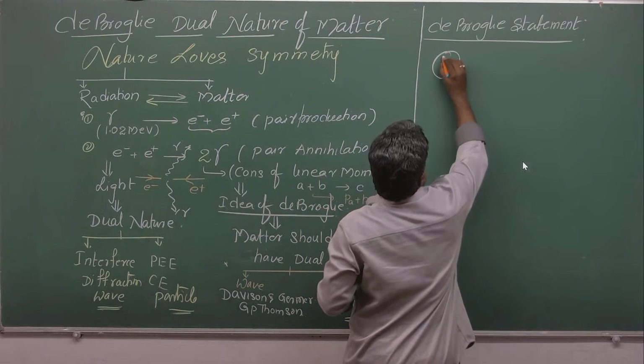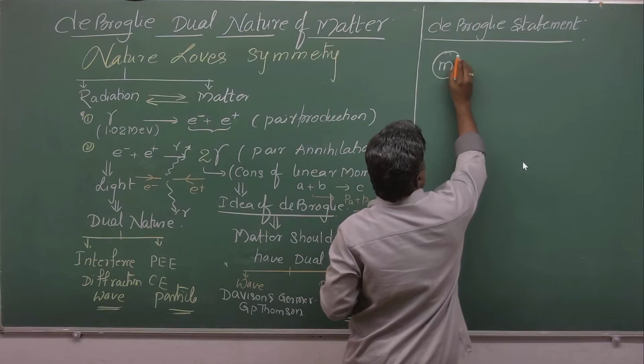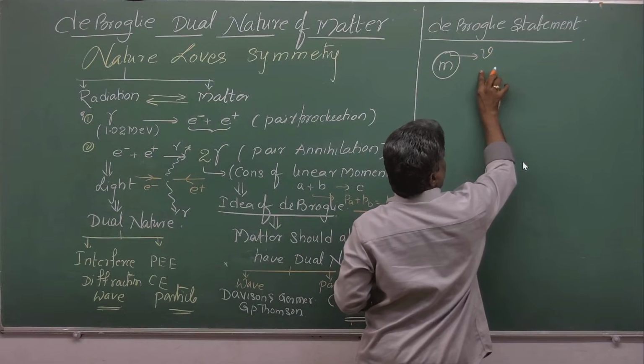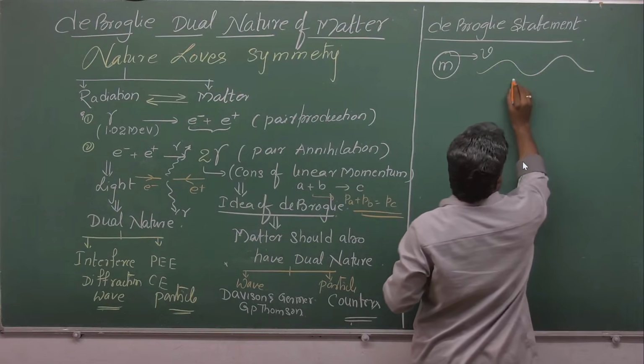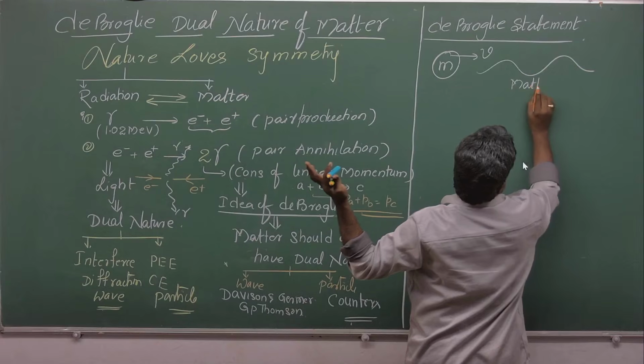Here is a particle of mass m moving with a velocity, and it is associated with a wave called a matter wave.